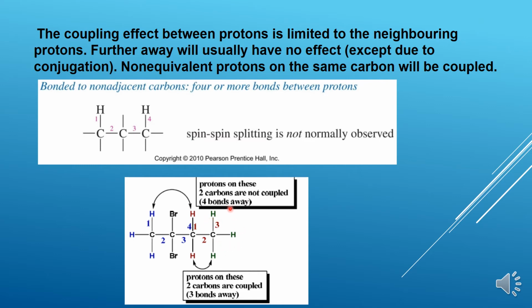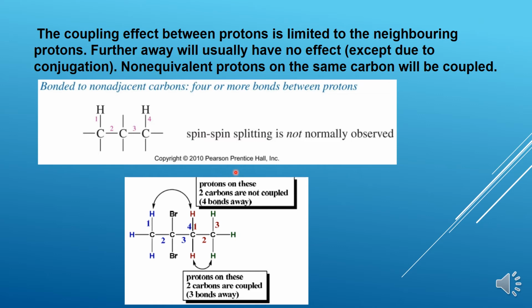As I told in the earlier slide, splitting takes place on certain criteria. We need to concentrate. If they are non-equivalent, then splitting takes place, even on the same carbon atom.